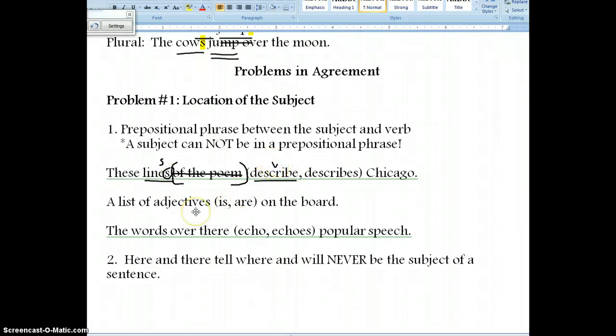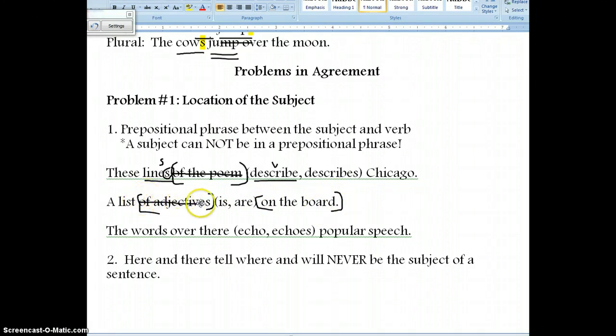Verb. Okay. A list of adjectives either is or are on the board. First off, I want you to mark out the prepositional phrases. There are two in this sentence, and so you should see "of the adjectives" as a prepositional phrase and "on the board" as a prepositional phrase.